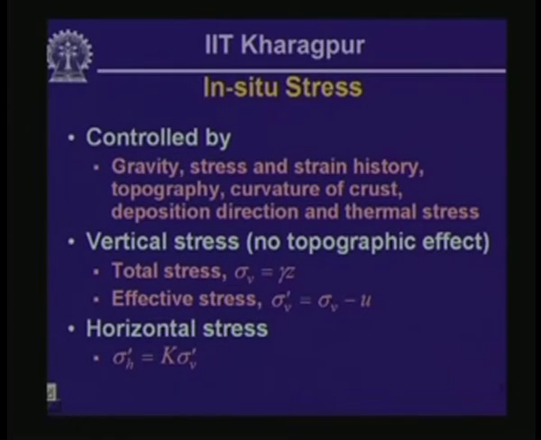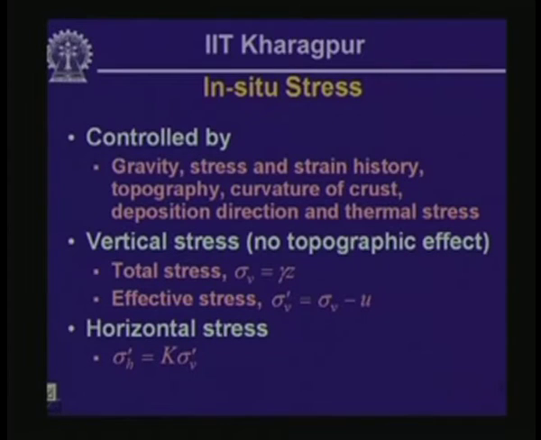Now, in situ state of stress consists primarily of the vertical total stress. This is vertical total stress, and we have looked at that also. That is going to be given by gamma times z. Gamma is the total unit weight of the soil or rock which is above the element that is being considered, and z is the depth of an element below the surface.